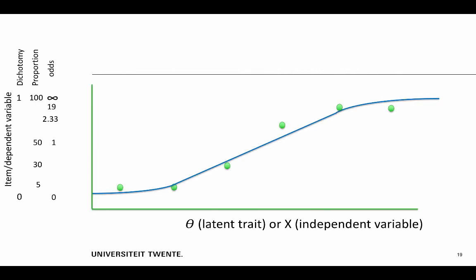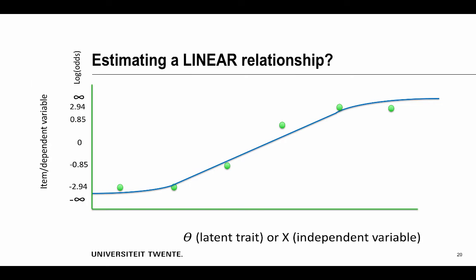What does it look like? Well, like this. The log odds are plotted at the left-hand side. And you see that we are now able to estimate a relationship that looks like this. Now, does this mean that we are estimating a linear relationship? Well, actually, yes. Because look at the scale there.